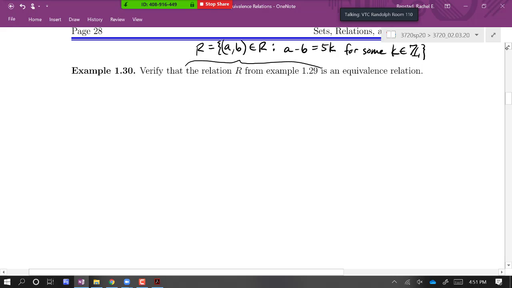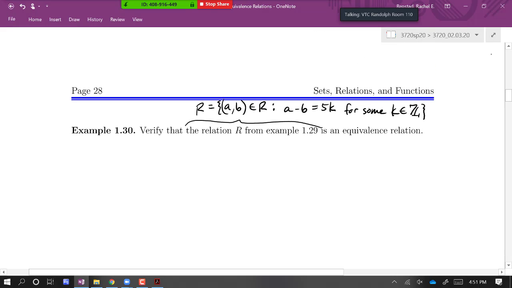I could write that there exists an integer k such that a minus b is equal to 5k. It's just an existence statement, that it is some multiple of 5. If I said for all k, that would mean it's every multiple of 5, and it can't be more than one multiple at a time.